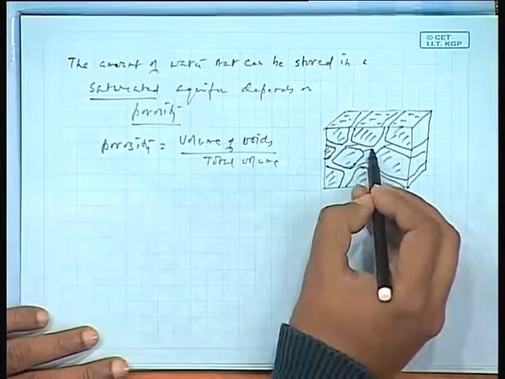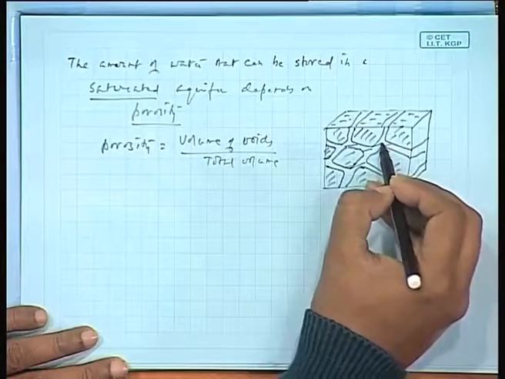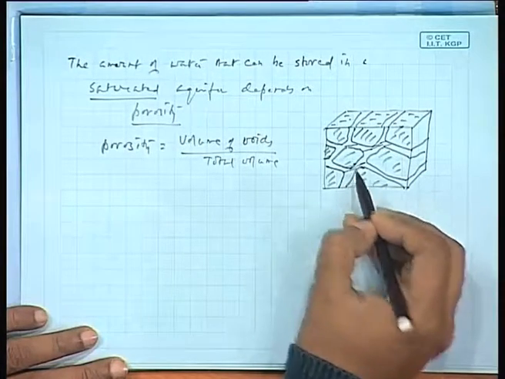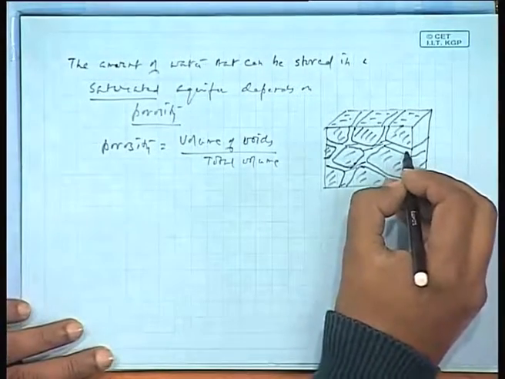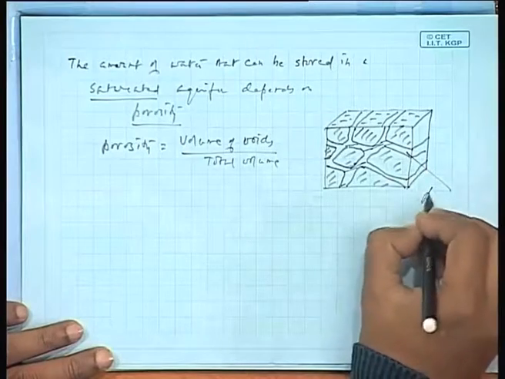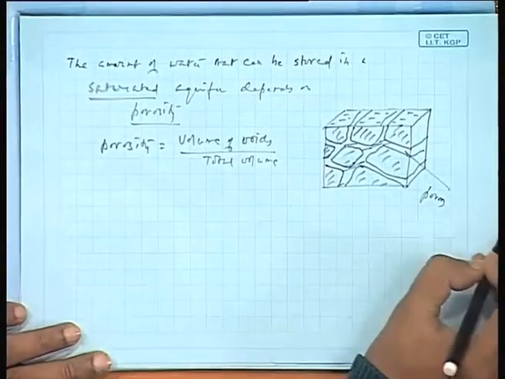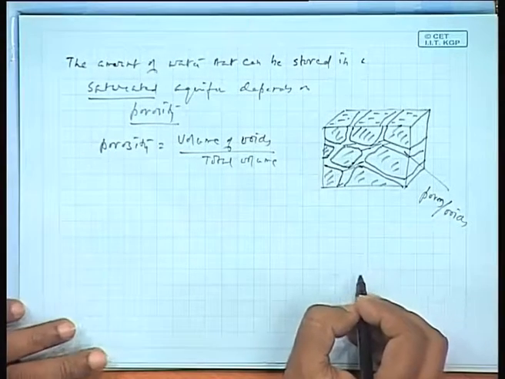Between these two structures there will always be some pores. These are known as the pores, or say the voids.